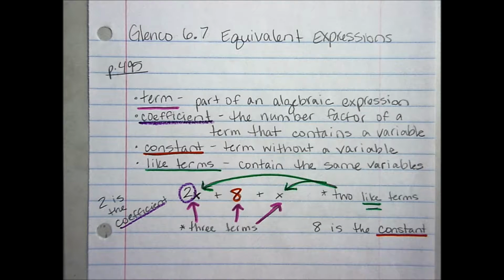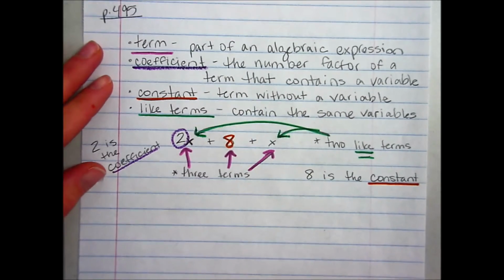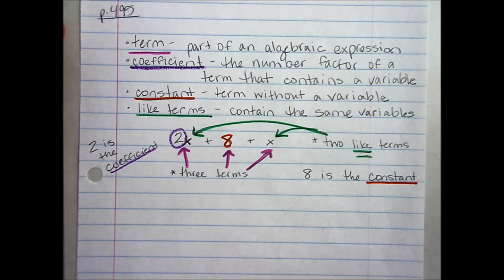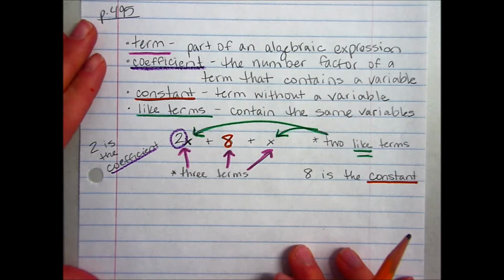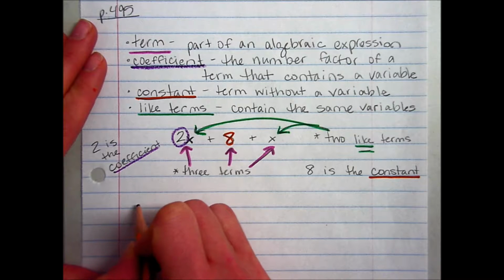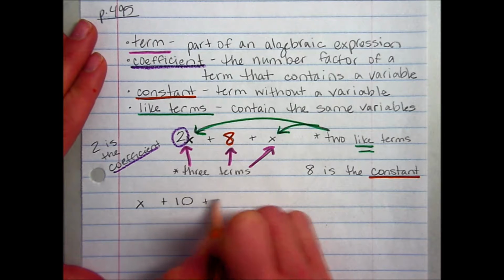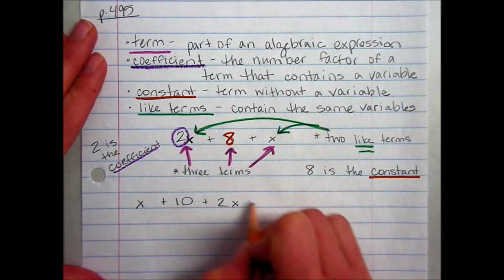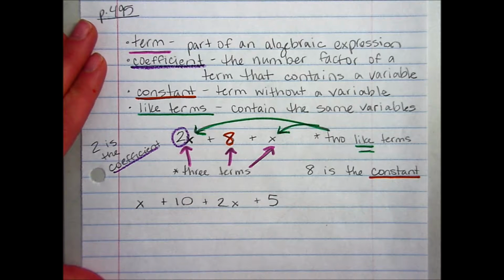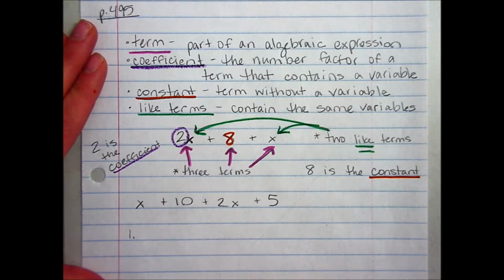So at the real world link at the bottom of page 495, it gives you a word problem that includes an expression. But really all it's asking you is to identify coefficient and terms. So if I have this expression, alright, question 1 says, what is the coefficient of the term 2x?